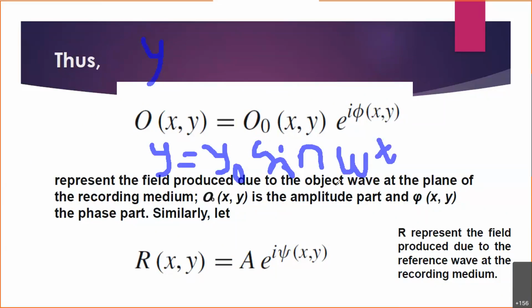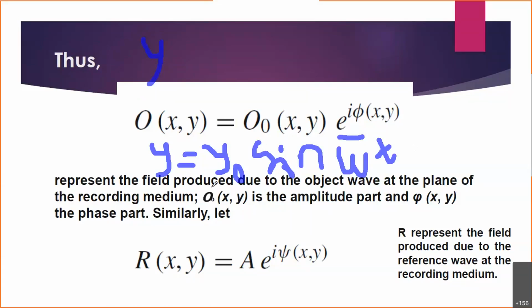And you people know there is one theorem, the Euler theorem, by which you can write this sine component as well as the cos component in terms of e to the power i theta. And you know that the cos component will be the real term, the sine component will be the imaginary term.